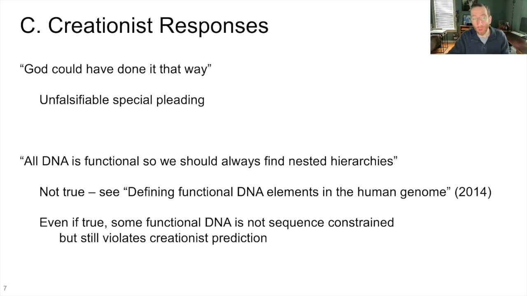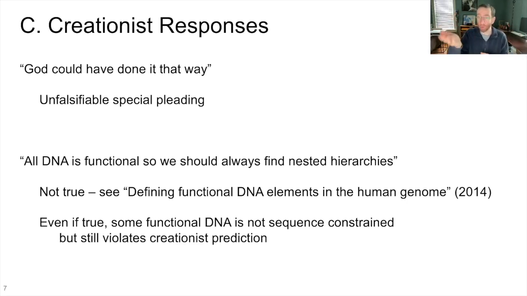Even if that was true, all DNA being functional, some functional DNA is not sequence constrained. Right? You've got spacer DNA where the length matters, but the sequence doesn't. That's functional. You need that DNA, but it's the number of bases, not the specific sequence of bases, that matters. In other parts of the genome, it's not the specific bases, but you need a certain amount of G or C, right? But it doesn't matter which ones are which as long as you cross a certain threshold.